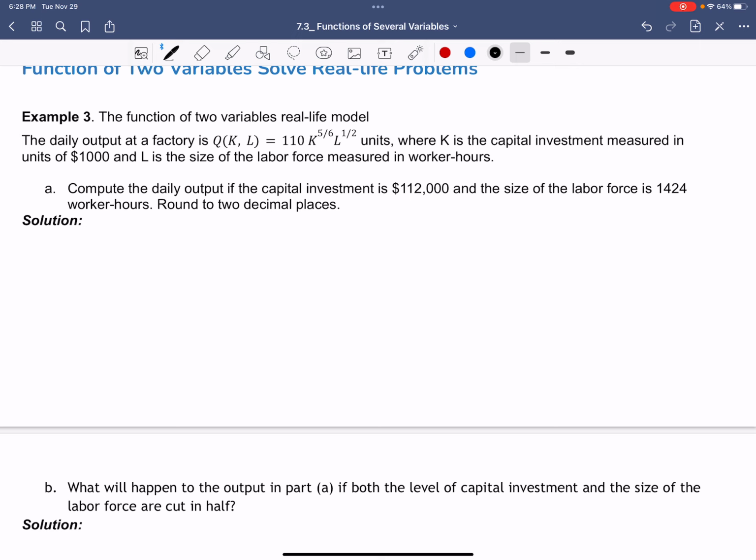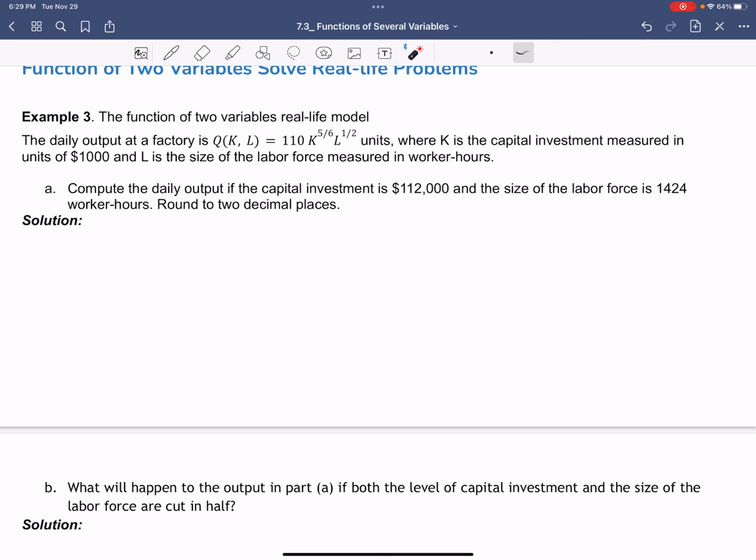To understand this type of problem, we probably have to read it two or three times, but it represents the quantity of the output of the factory, which depends on how much money you're investing and the number of labor force that you're using.